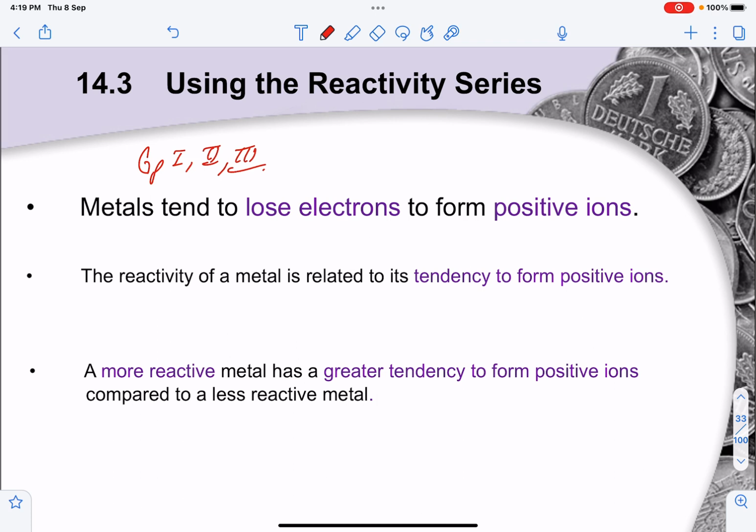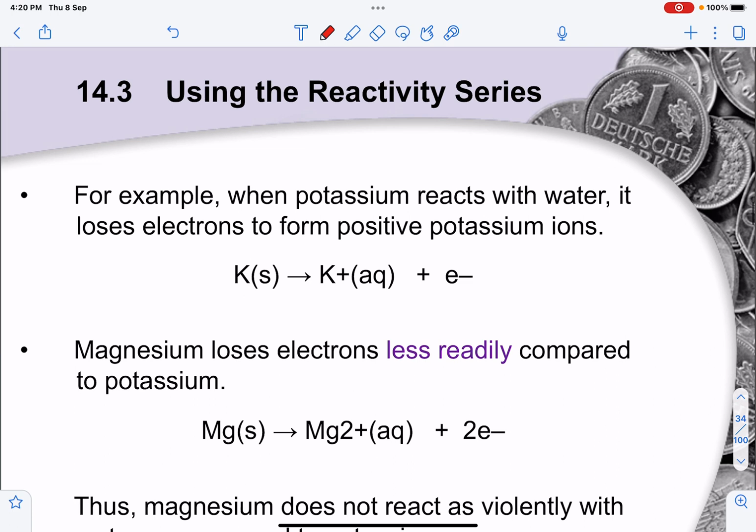How easy it is for it to lose these electrons to form the positive ions depends on its reactivity. Having a more reactive metal, you'll have an easier or greater tendency to form positive ions. In other words, you'll be able to lose the electrons more easily compared to a least reactive metal.